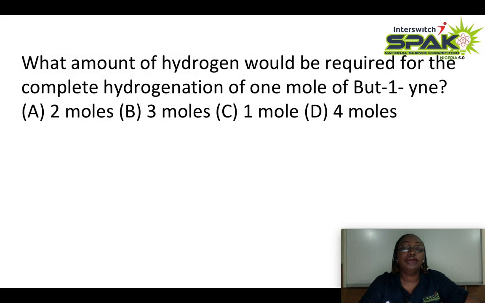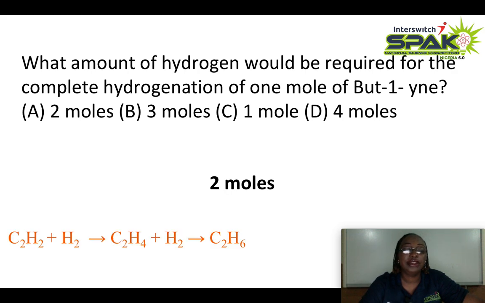What amount of hydrogen will be required for the complete hydrogenation of 1 mole of butyne? Now, how do you do that? You should be able to get the right answer quickly, because I mentioned earlier that when alkynes react, they do it in 2 different stages. They first give you an alkene, then they give you an alkane. So the answer should be 2 moles of hydrogen.